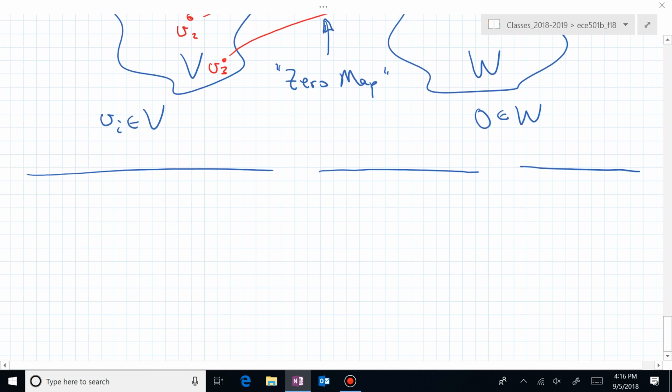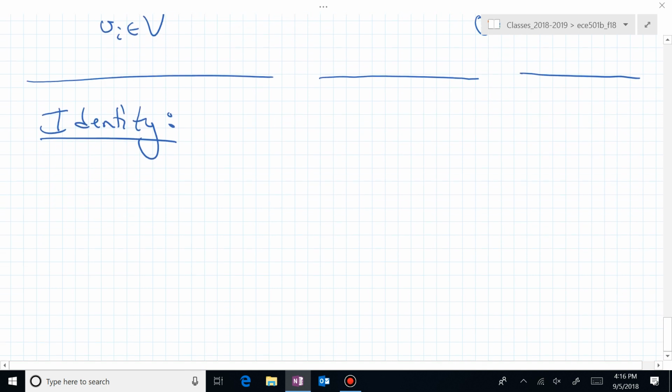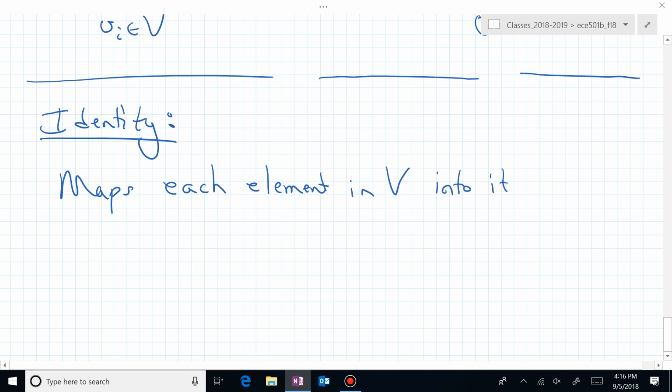What about the identity map? This maps each element in V into itself.